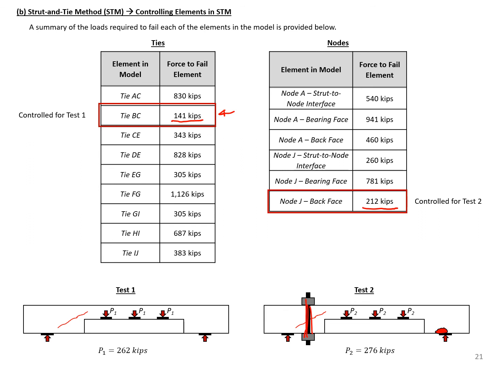So you can see that tie BC controlled for test 1, and that is where we had failure. And the node J backface controlled for test 2, and we did have failure at node J in test 2. And you can see the actual failure loads for these and compare them, which we'll also do on the next slide.